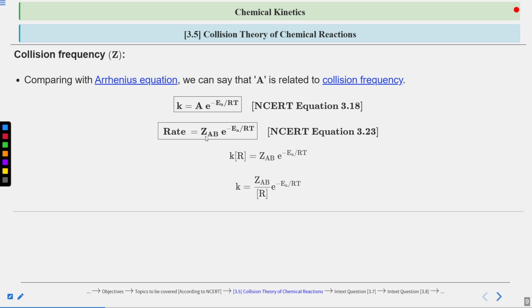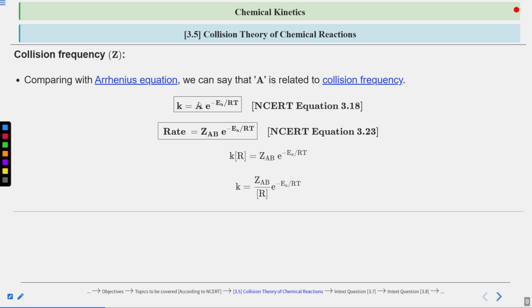In both equations, e to the power minus EA by RT, representing the fraction of molecules, is the same. Here the rate is given as ZAB times e to the power minus EA by RT, while in the Arrhenius equation the rate constant equals A times e to the power minus EA by RT.